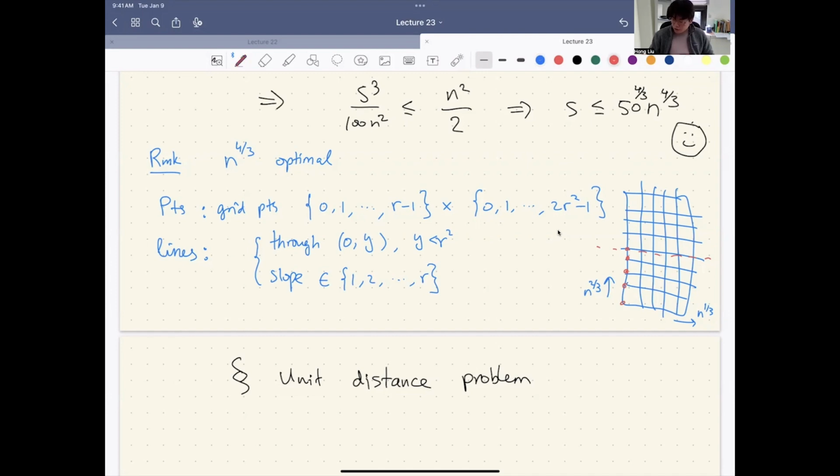So you grow slowly all the way until the steepest one hits the top right corner.